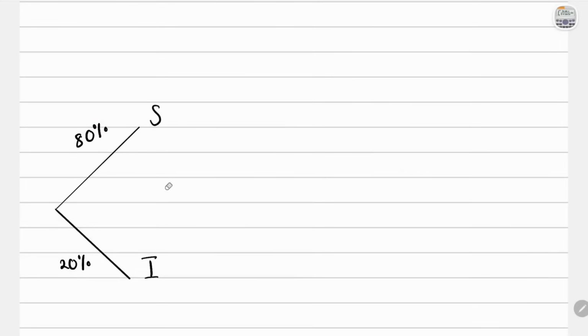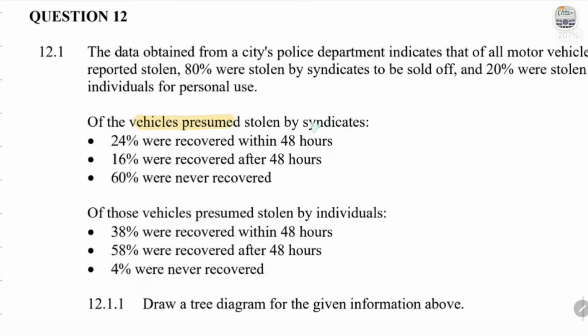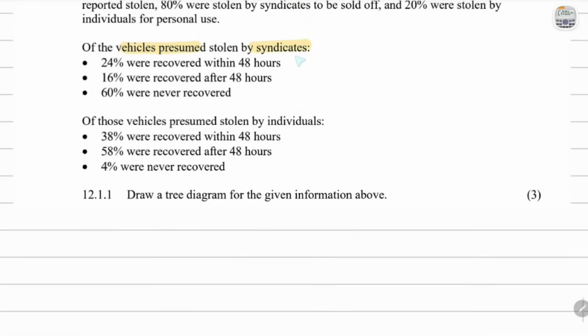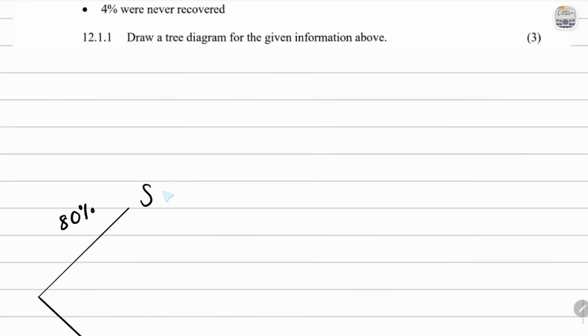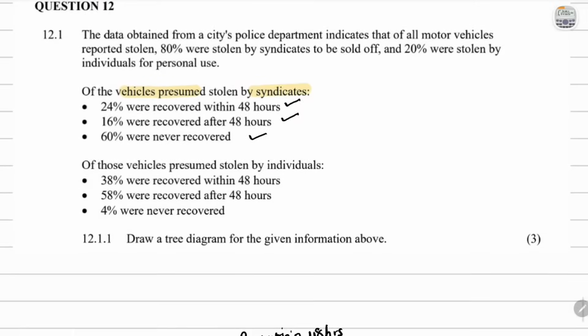And then these have categories of their own. Vehicles presumed stolen by syndicates: 24% were recovered within 48 hours. So for that, we can see that we have three branches: recovered within 48 hours, recovered after 48 hours, never recovered. If it was stolen by a syndicate, the probability that it was recovered within 48 hours, they told us, is 24%.